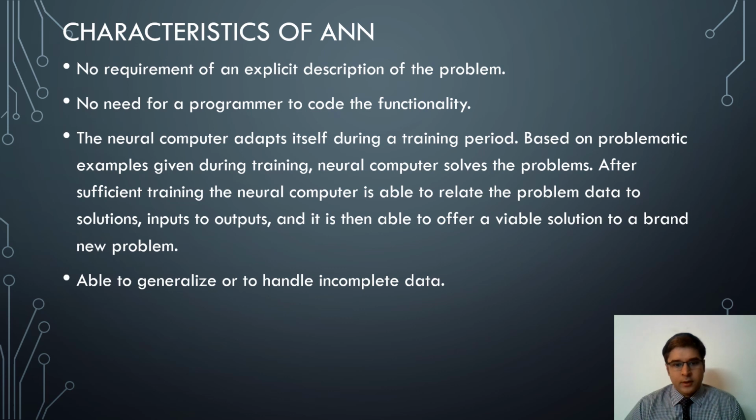After sufficient training, the neural computer is able to relate the problem data to solutions, inputs to outputs, and it is then able to offer a viable solution to a brand new problem. Hope this is clear. After the training period, the neural network gives output for new data and maps inputs to outputs.